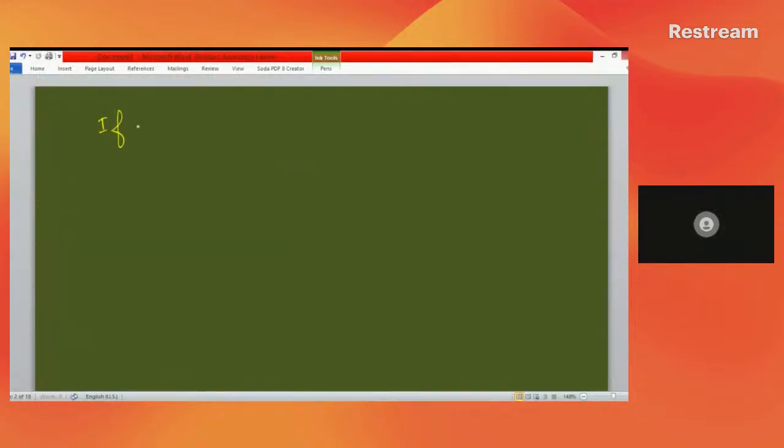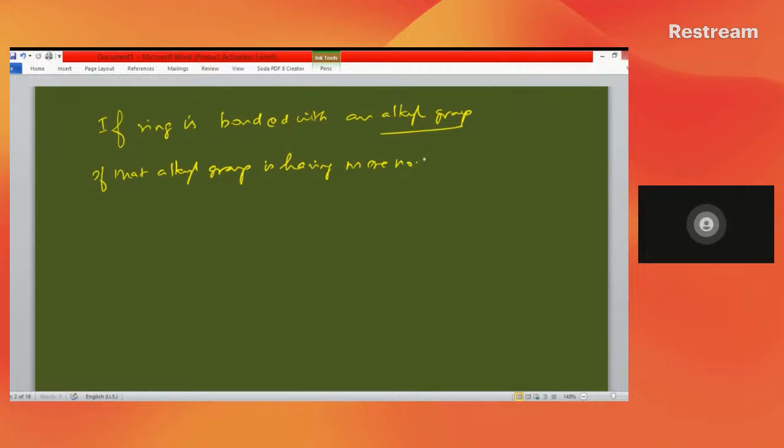Suppose the ring is bonded with an alkyl group, and if that alkyl group has more carbon atoms than the ring, then the ring structure should be treated as a branch.